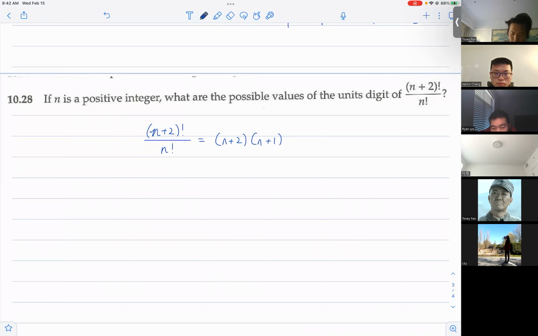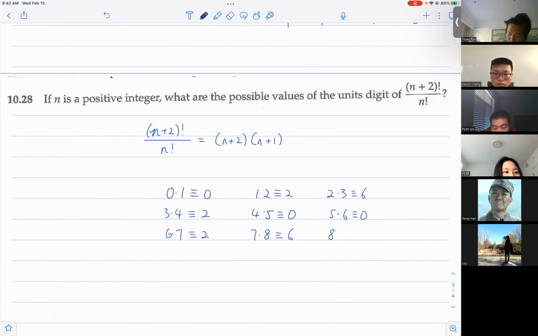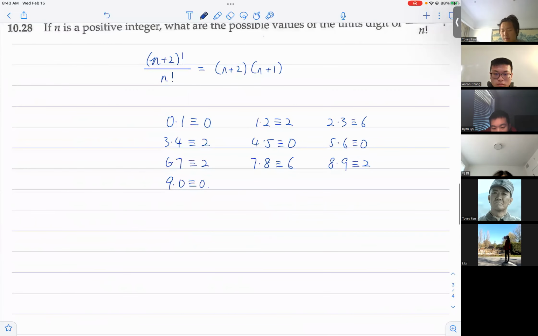So all the possible unit digits: 0 times 1 is 0, 1 times 2 gives 2, 2 times 3 gives 6, 3 times 4 gives 2, 4 times 5 gives 0, 5 times 6 gives 0, 6 times 7 gives 2, 7 times 8 gives 6, 8 times 9 gives 2, and 9 times 0 is also 0. So all the possible unit digits are 0, 2, and 6, right?